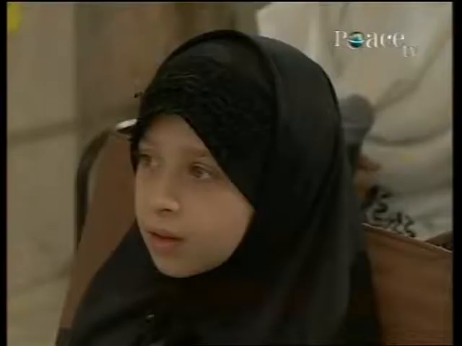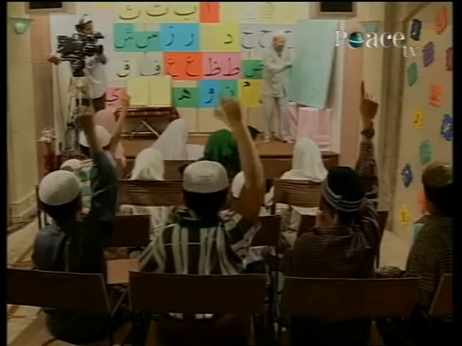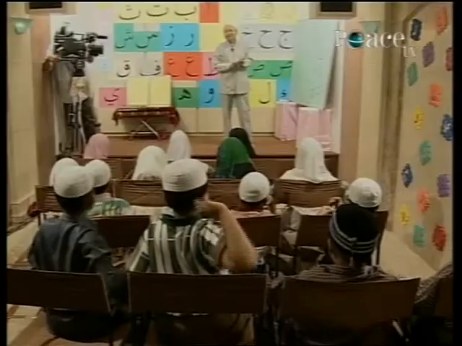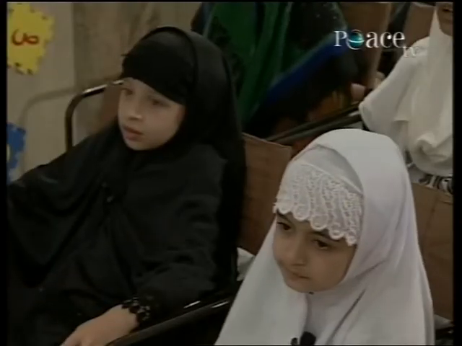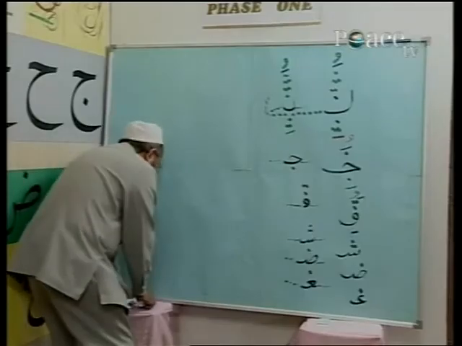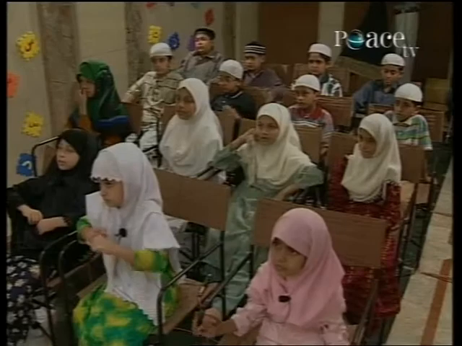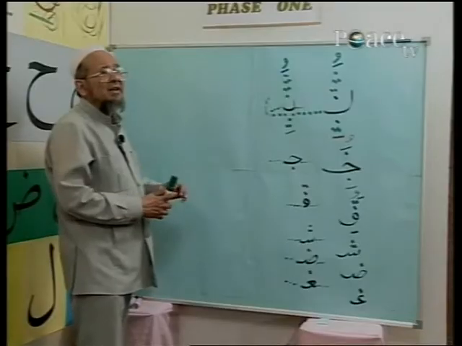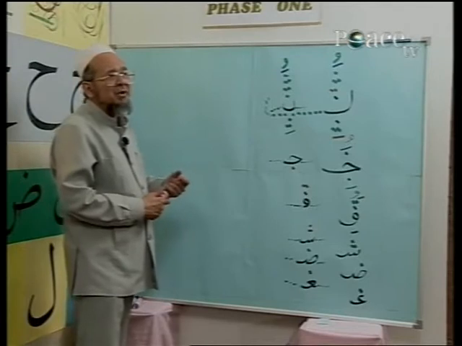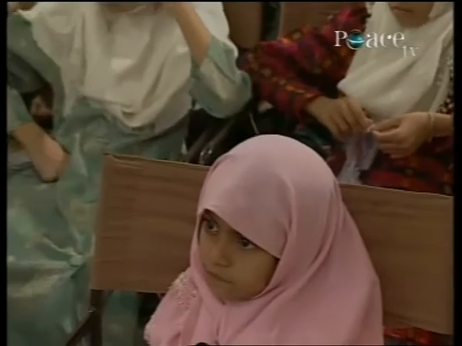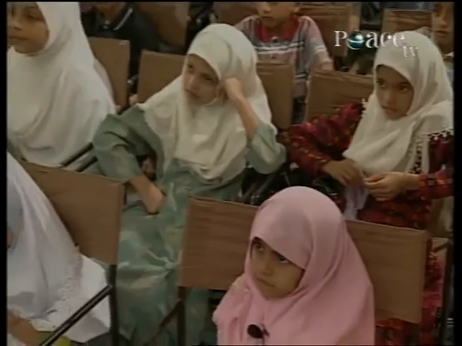And a dot here? Ba. And a dot here? Ga. So, you have now noticed how the character actually changes with the placement of the dot.